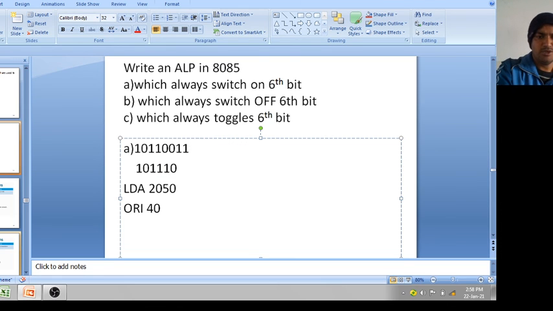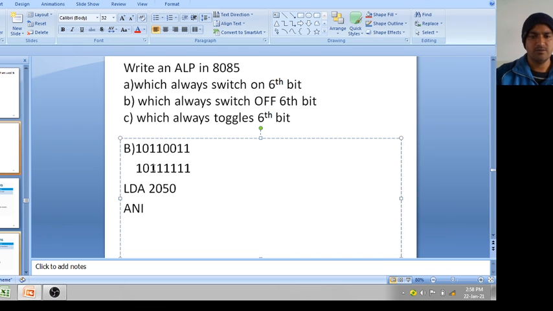Now you will perform the operation on the 8 bits, 1 1 1 1 1 1 1 1 with the mask: 1 into 1 is 1, 1 into 1 is 1, 1 into 0 is 0, 0 into 1 is 0, and so on. So you will perform the ANI operation. This is your part B. LDA 2050, ANI.